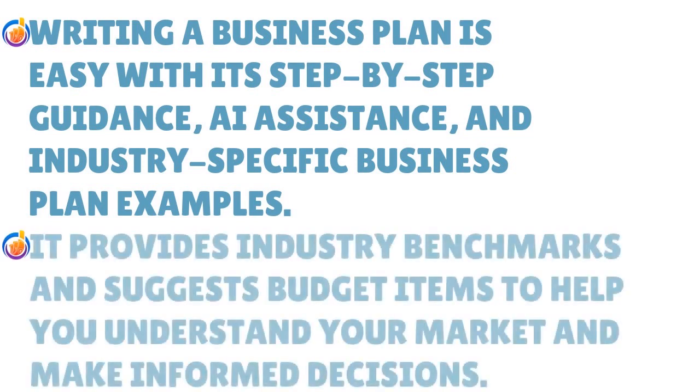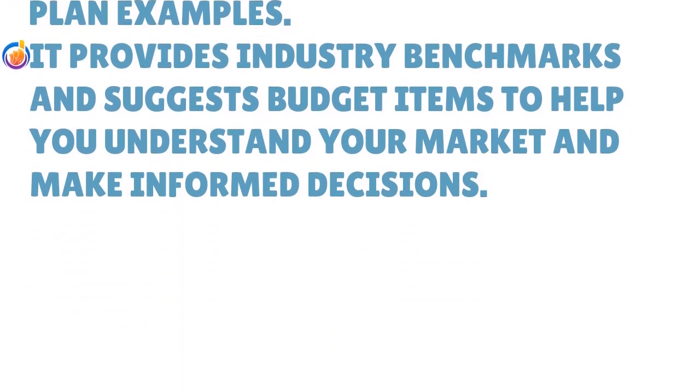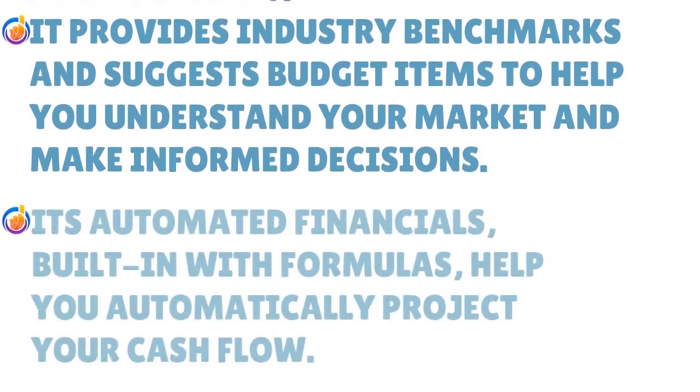And it provides industry benchmarks and suggests budget items to help you understand your market and make informed decisions. Its automated financials built in with formulas help you automatically project your cash flow. So this is kind of cool when it comes to liquidity management or liquidity projection, or let's just say liquidity forecasting. Okay, so those are the pros here.